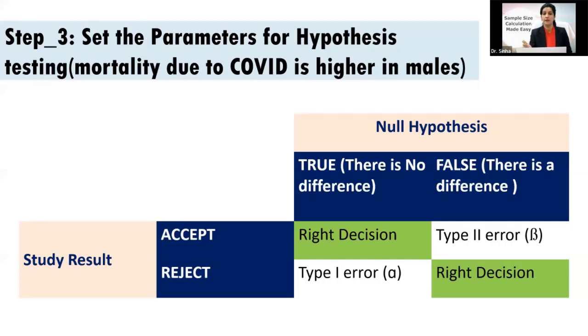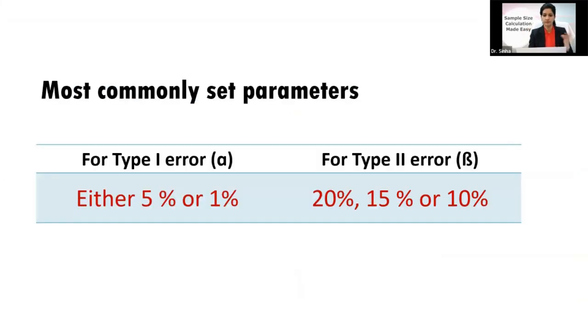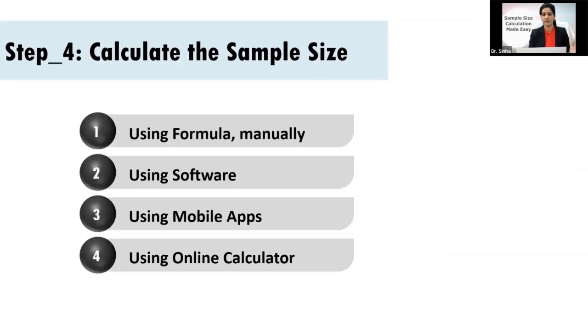If you have a 5% alpha error and a 1% alpha error, then the sample size at 1% alpha error will be much more than at 5%. So as you decrease the type 1 error, your sample size increases. As you increase the power of the study, your sample size increases. Again, these are the most commonly set parameters.